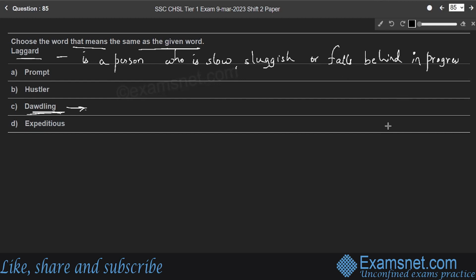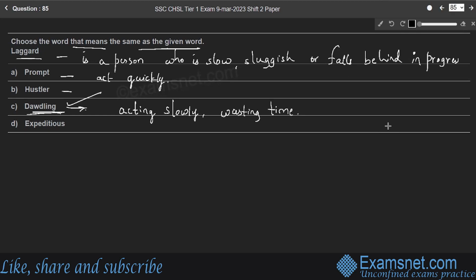Dawdling refers to the act of moving or acting slowly, or wasting time or delaying in progress, right? Therefore, option C is the right answer, whereas the remaining words, prompt, means to act quickly, without delay or on time, right?